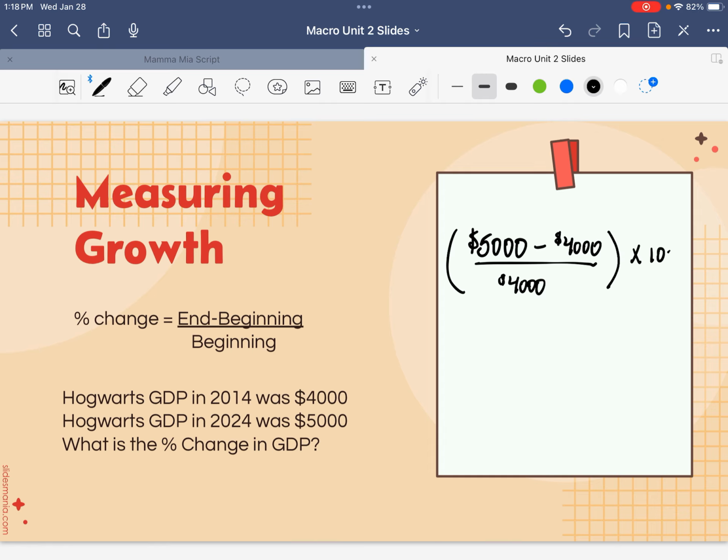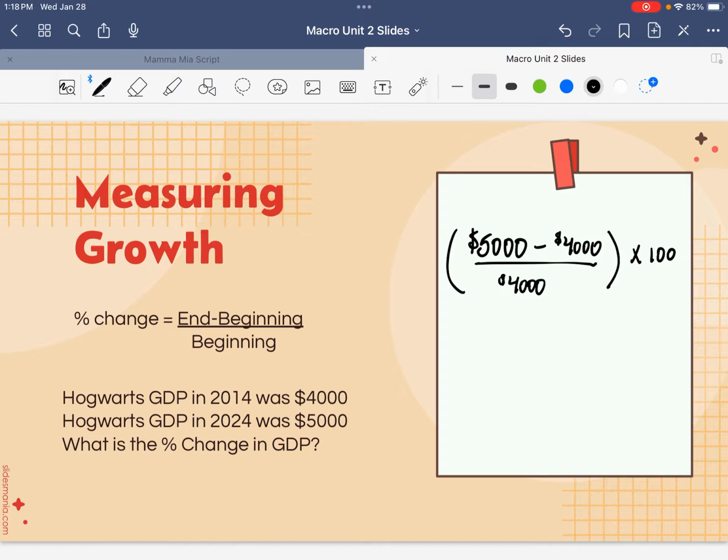So I would show that on the AP exam: my end year minus beginning year divided by beginning year. Sometimes on the AP exam, they don't hate it if you write out the formula and then you actually do the formula. That helps them to know that you're actually doing it. But if it were to say calculate, you have to show your work, and this is how you would do it. So I write all that out, and now I have to actually do the work of solving it.